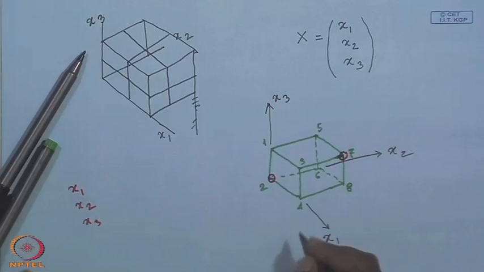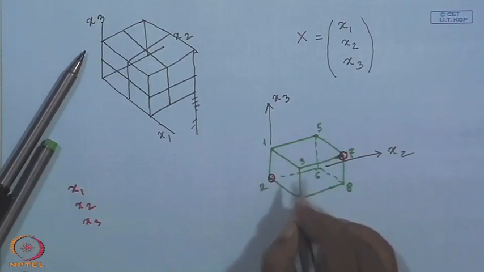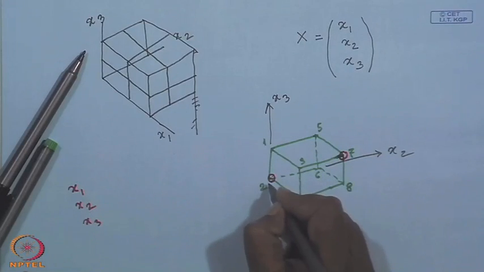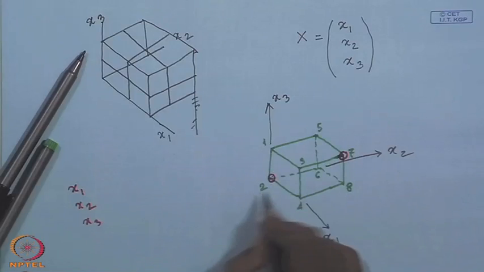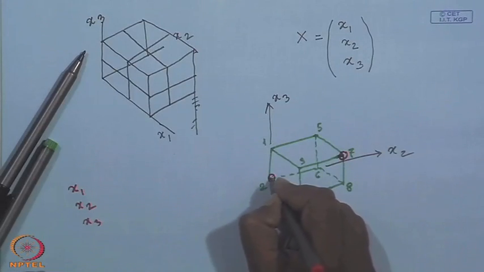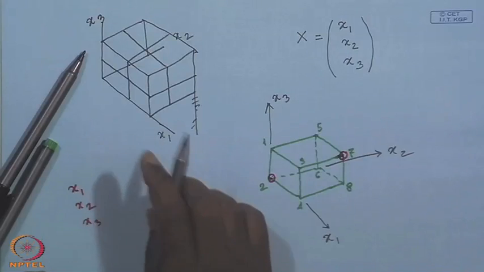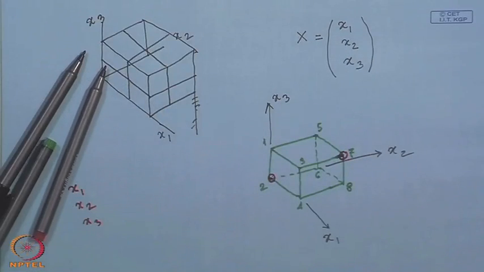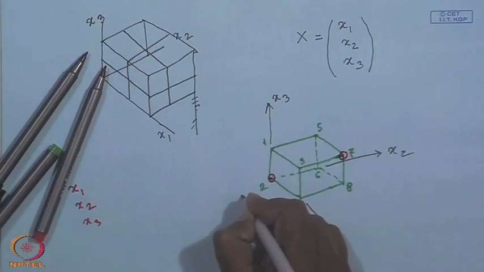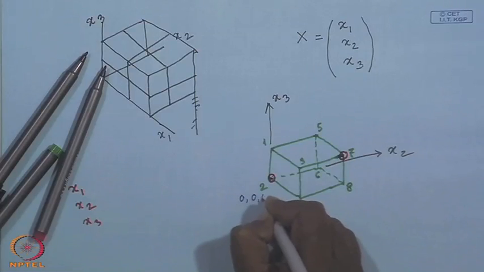To make it more clear, let us assume that this is a unit cube, and this vertex is at the origin. The coordinates of this vertex will be 0, 0, 0.